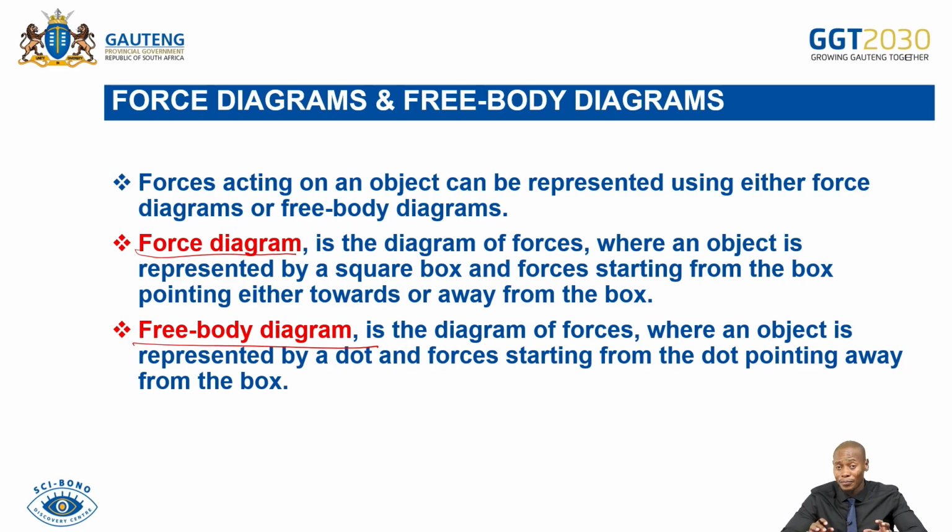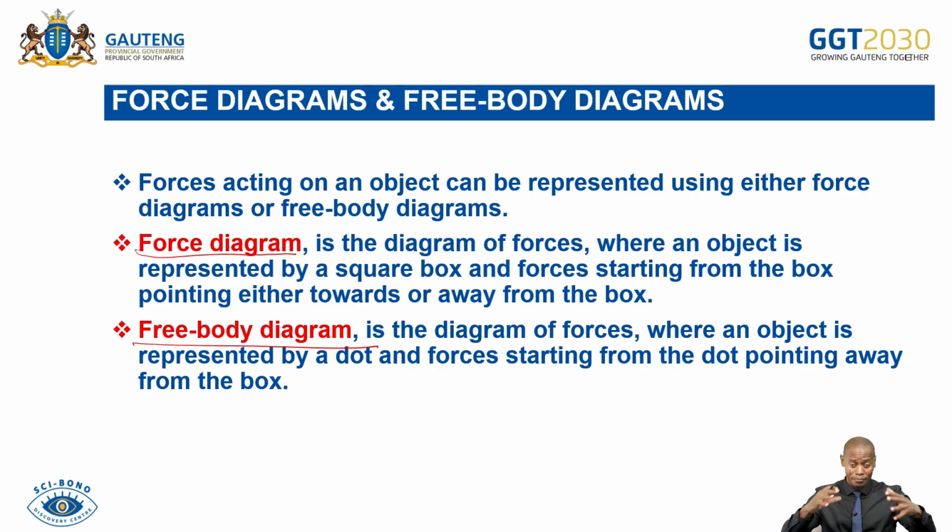But when it comes to a free body diagram, you represent an object by the dot, and forces must point away from what? From the dot. And these forces must start from the dot. So the tails of these forces must start from the dot. Okay? Same even with a force diagram.